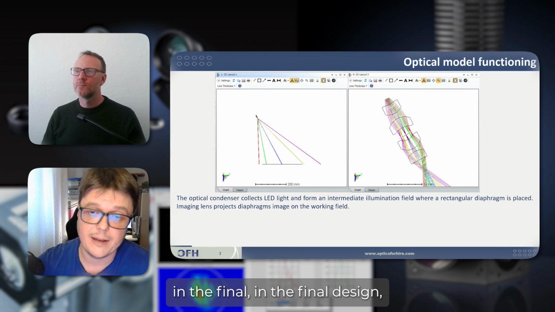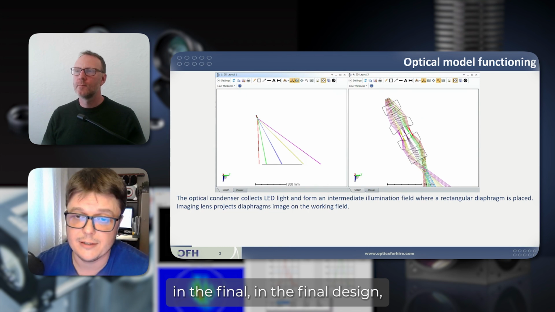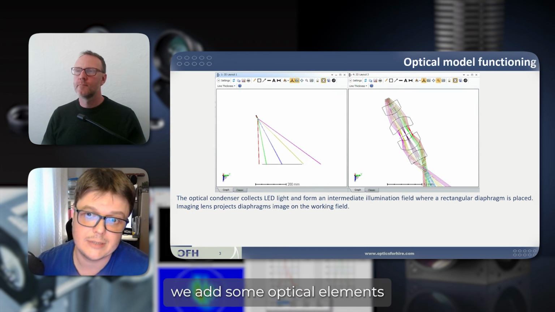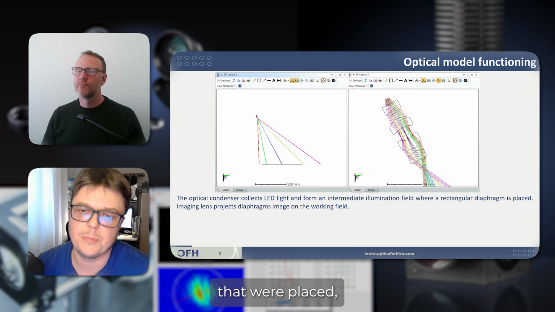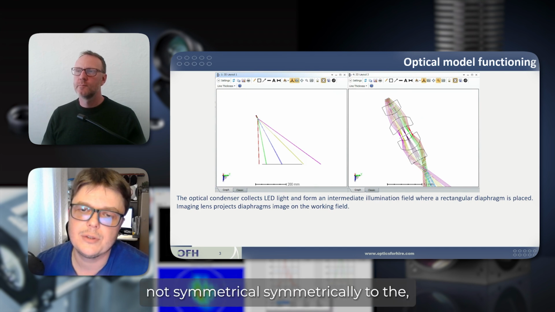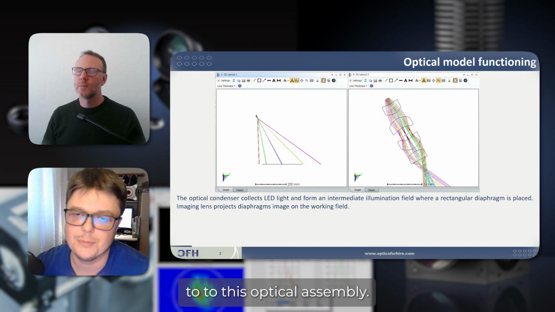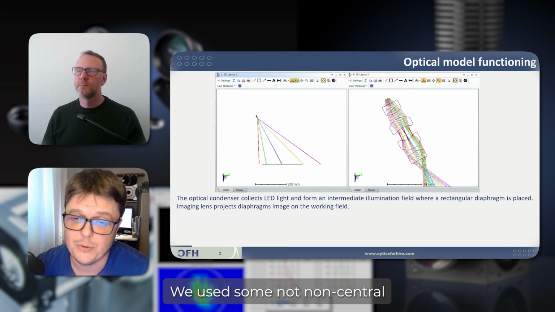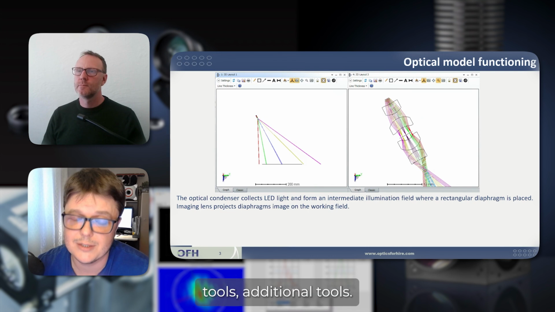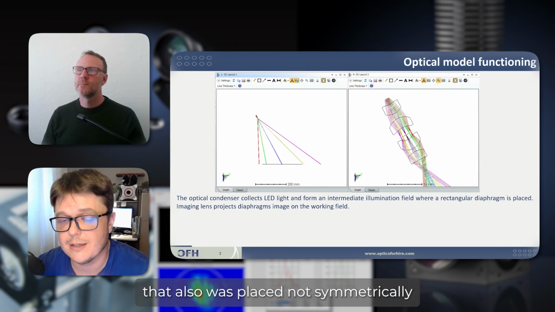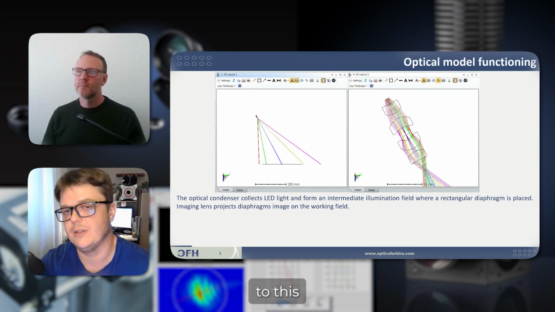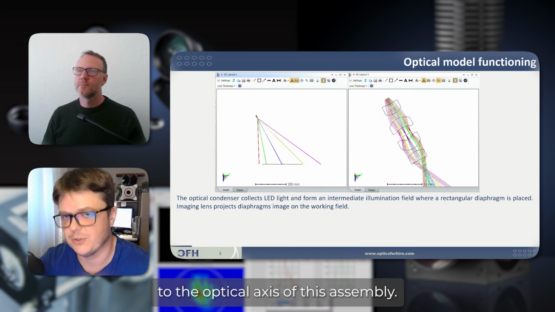In the final design, we added some optical elements that were placed not symmetrically to this optical assembly. We used some non-centered additional apertures, and we used a cylindrical lens that also was placed not symmetrically to the optical axis of this assembly.